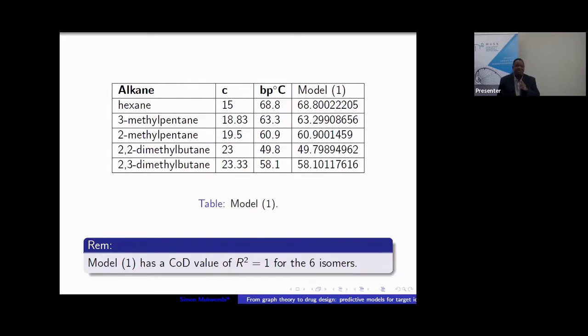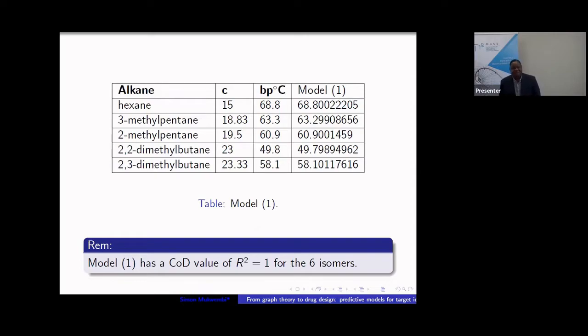And our model says its boiling point is 68.8000222 degrees. And you can see the next one, the lab boiling point is 63.3, ours is 63.299, and so on. The next one, 60.9, ours is 60.90011, and so on.